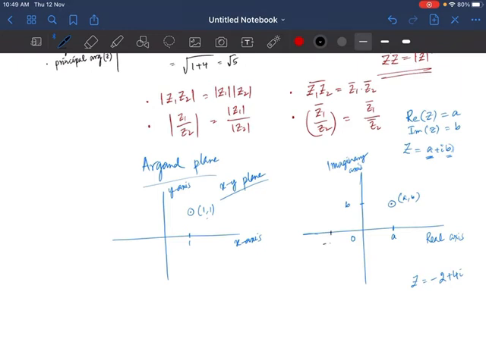So I will have minus 2 here, and the imaginary part is plus 4, so I have 4 here. So the point will be minus 2 comma 4. That's how we plot complex numbers on an Argand plane. So Argand plane is a plane in which various complex numbers can be plotted.